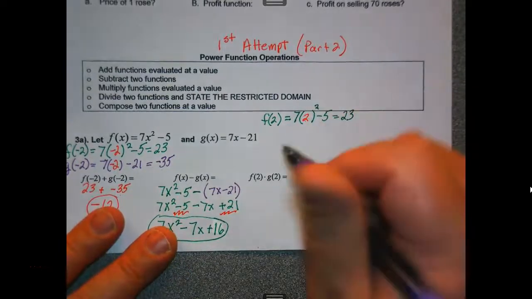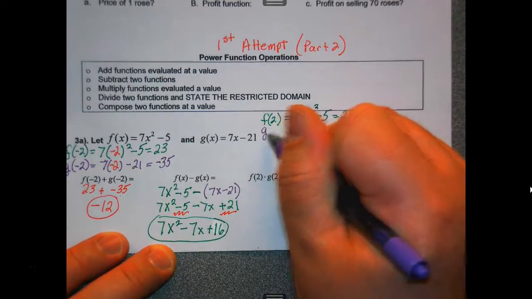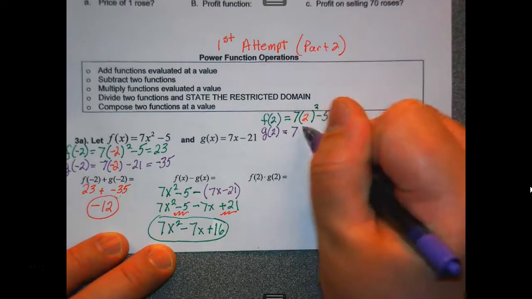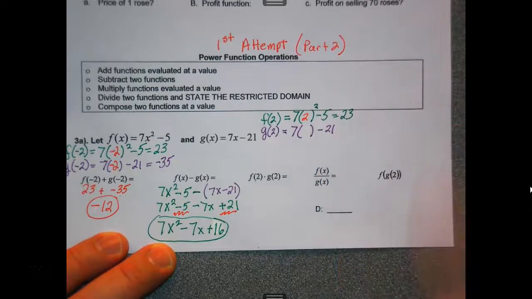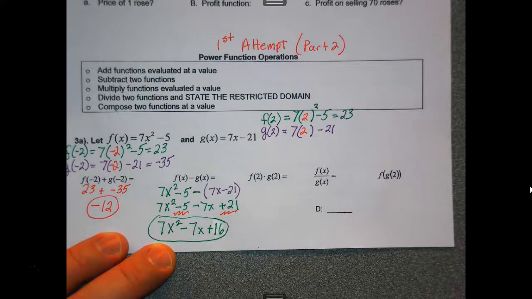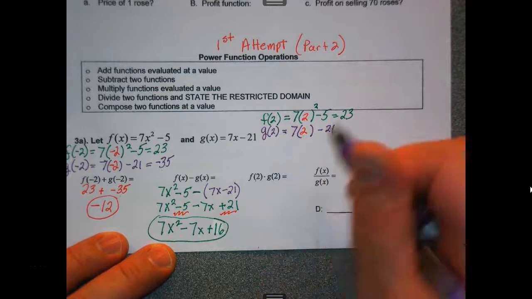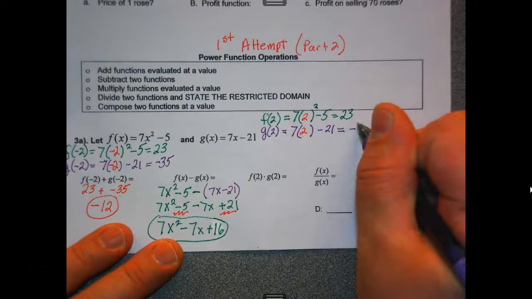Then I have to find the g of 2. I have 7 times x minus 21. My x is 2. 7 times 2 is 14. 14 minus 21, negative 7.